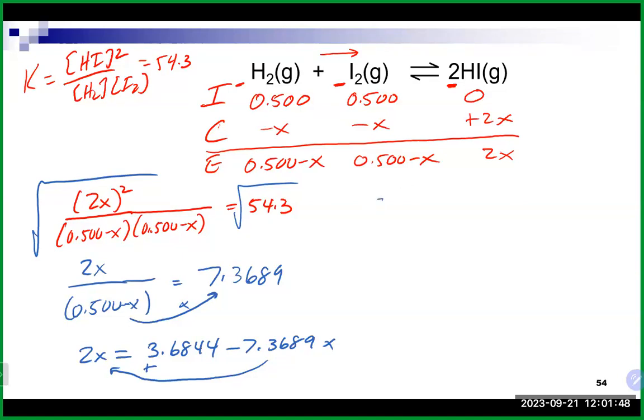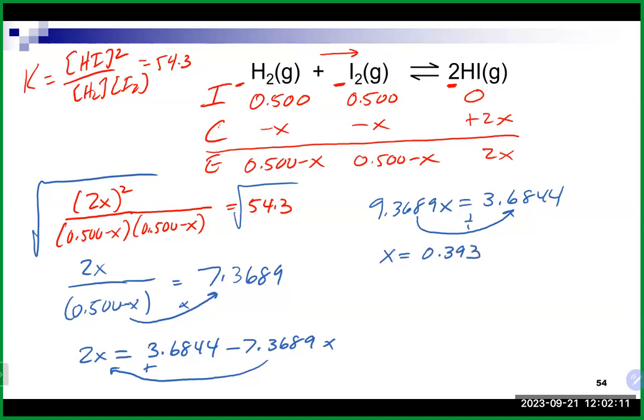That will give us 9.3689x is equal to 3.6844. Lastly, we're going to divide that back to the other side, and we will end up with 9.3689, and we get our x value of 0.393.